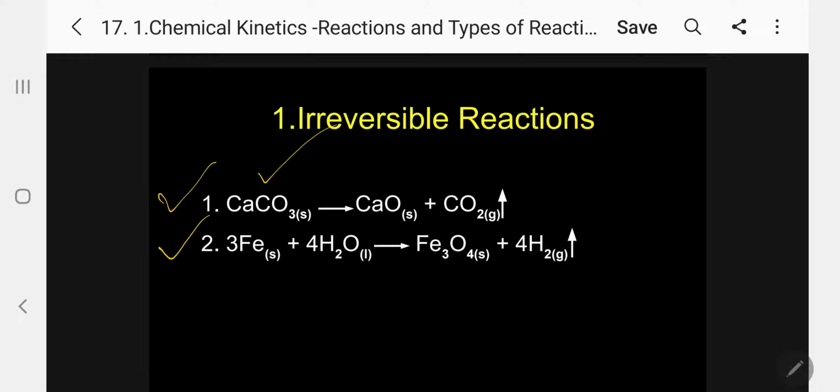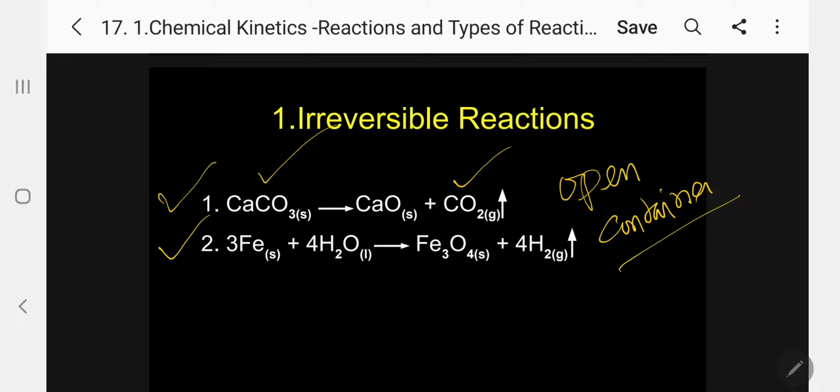On decomposition, one-sided arrow, kindly follow, single arrow, calcium oxide solid plus carbon dioxide gas, then an arrow upward indicating carbon dioxide is going out to the atmosphere. So this reaction is conducted in an open system, an open container. Please follow, open container. That is the indication. So it is irreversible because carbon dioxide is going out.